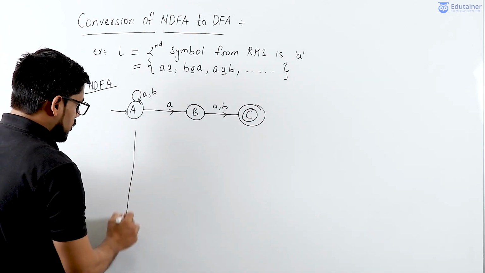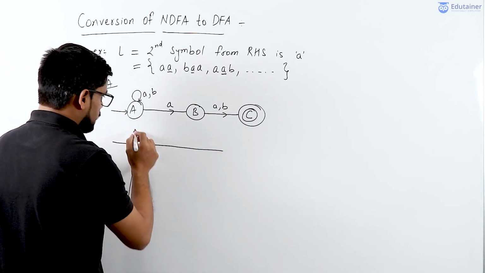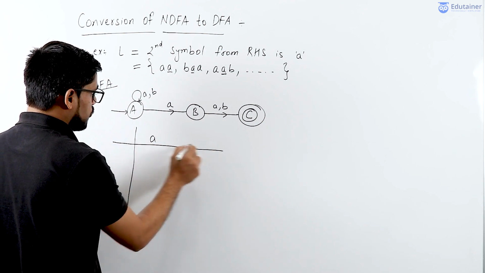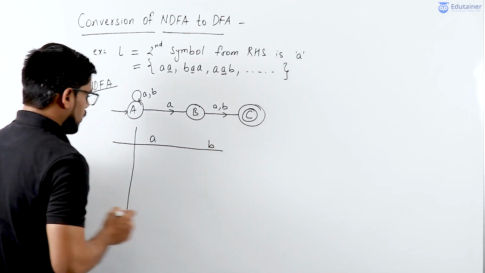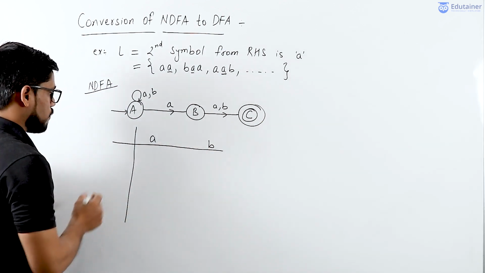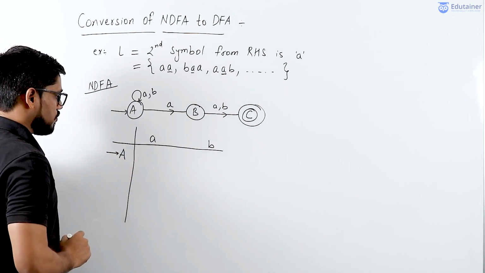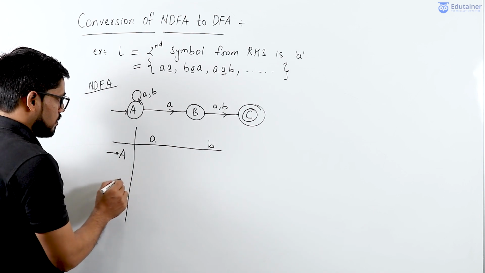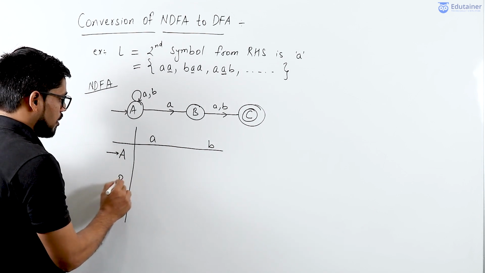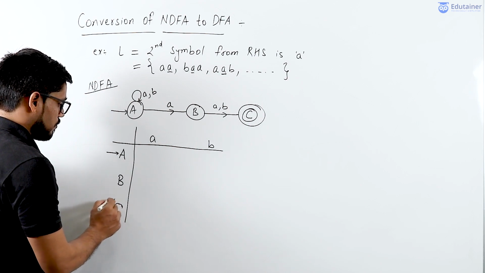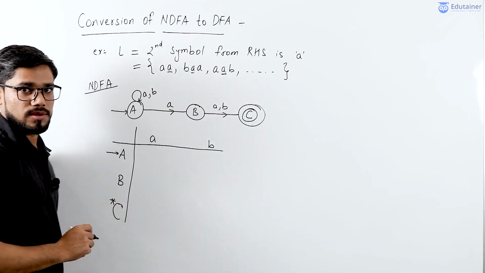Now if you draw the transition table, in the columns there are two input alphabets A and B, and in the rows there are three states. One is the initial state indicated by an arrow symbol, second is the non-final state B, and third is the final state capital C indicated by a star symbol.